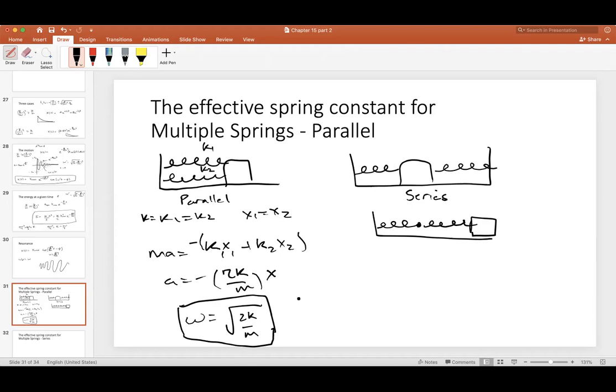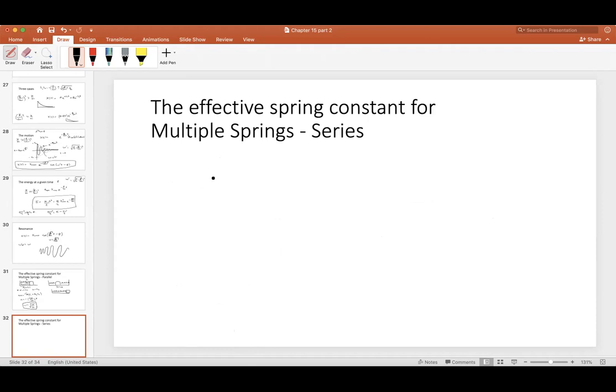But these series ones are actually kind of tough. So in our first case, we have spring 1 and spring 2. And as it moves this way, this is K1 and this is K2. Notice that force 1 is going to try and push it back, and force 2, the force from the second spring, is also going to try and pull it back.